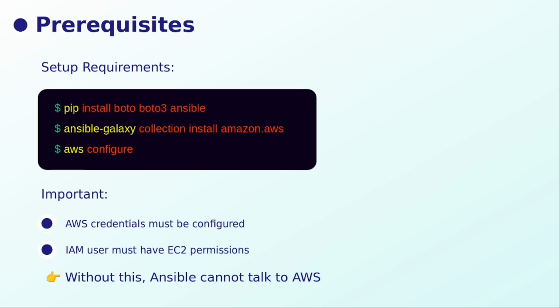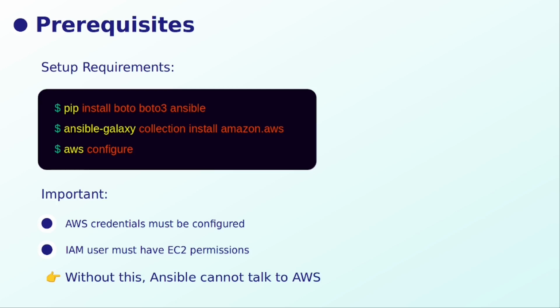Next, configure AWS credentials using the aws configure command. This step is critical because Ansible needs permission to interact with AWS. You will need an access key, secret key, and default region.